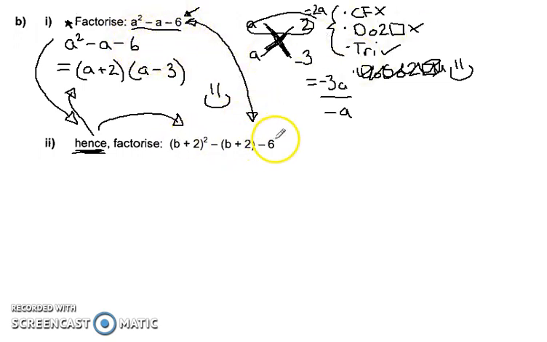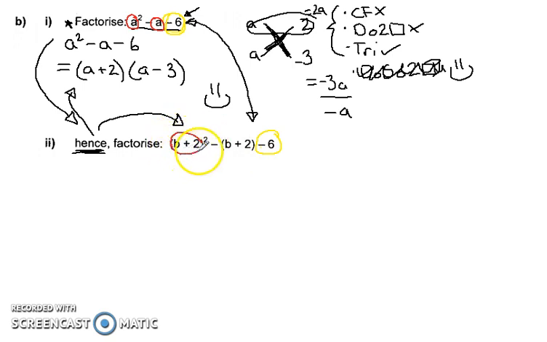I'm going to start by circling the negative 6 in yellow, because I see it over there. So those are the same. Then I'm going to look at the a's. I've got an a there and a minus a over there, but I don't have any a's here. Hold on a second.